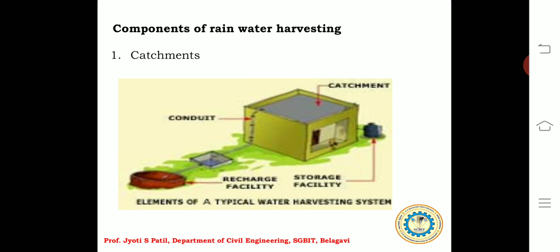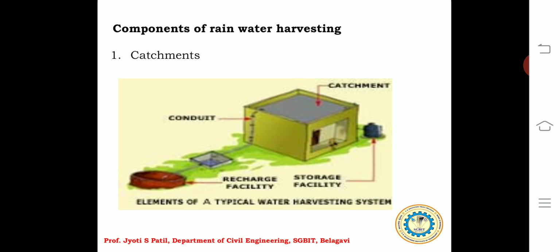Yes, this is a catchment. You can see in the figure wherein rainwater falls on this terrace or catchment area, as we say. The catchment of a water harvesting system is the surface which directly receives the rainfall and provides water to the system.